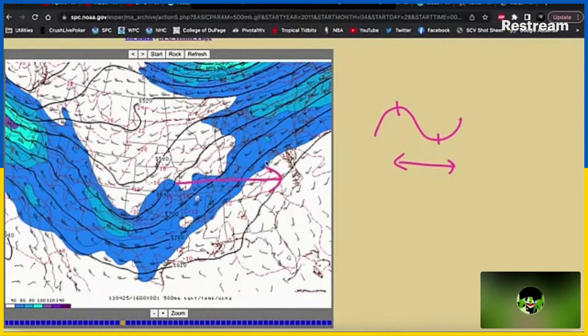But when that wavelength increases, it's not going to move a whole lot. Here, this is the axis of the trough, and the top of the ridge is not even in the picture. So this is a pretty massive long wave trough, and it was not going to move anywhere.